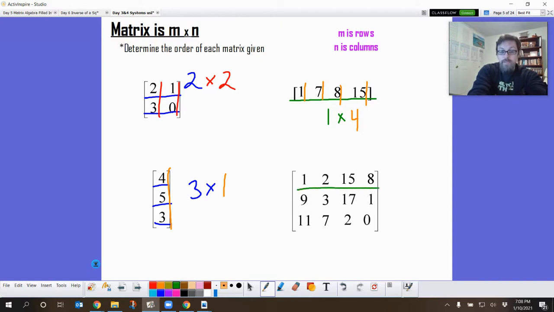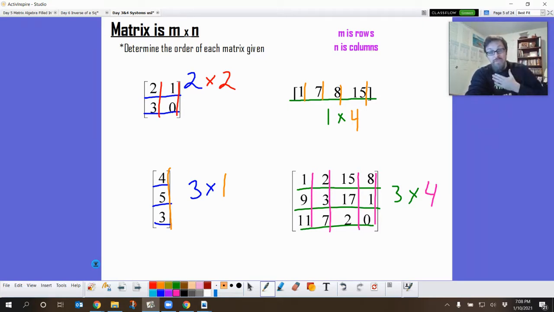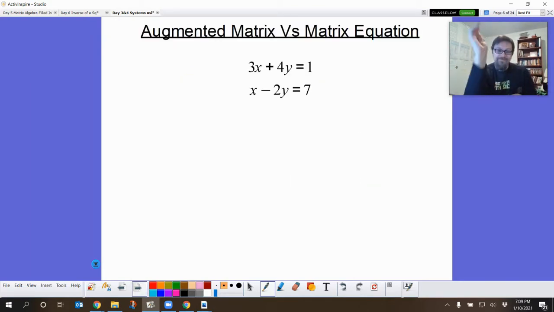This matrix here is 1, 2, 3 rows, and then 1, 2, 3, 4 columns. So it's a 3 by 4 matrix. Easy as that. I personally struggle with keeping straight which one's rows, which one's columns. I always have to check before I start this unit.